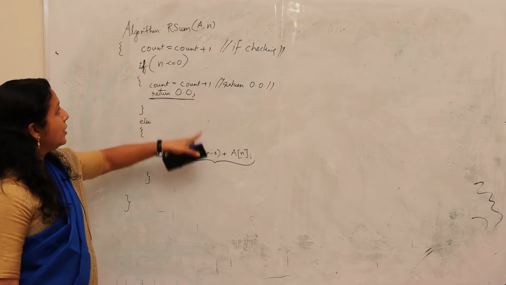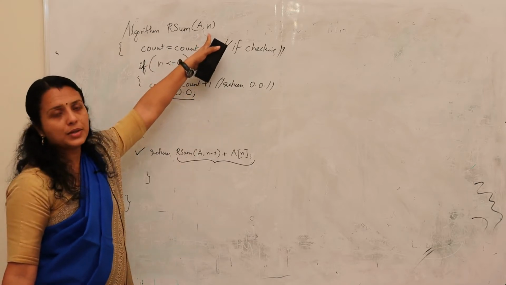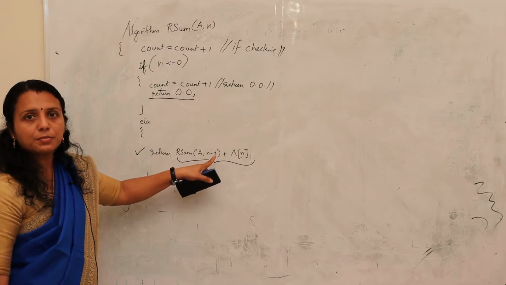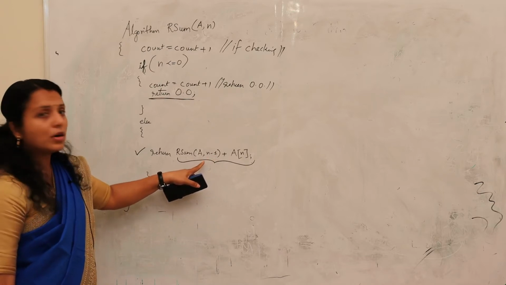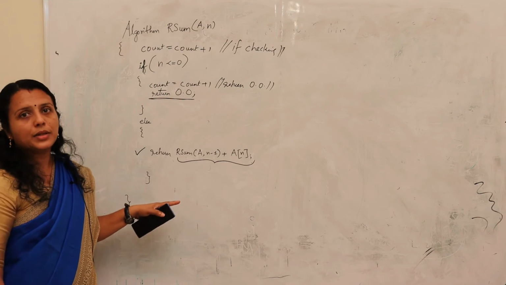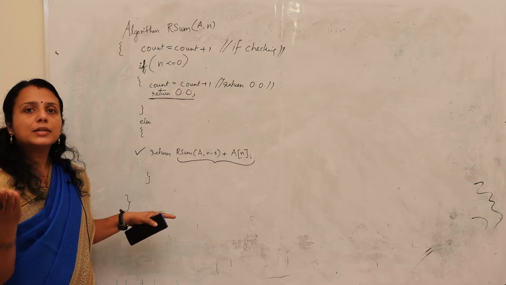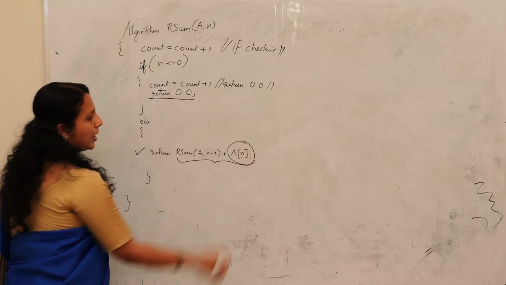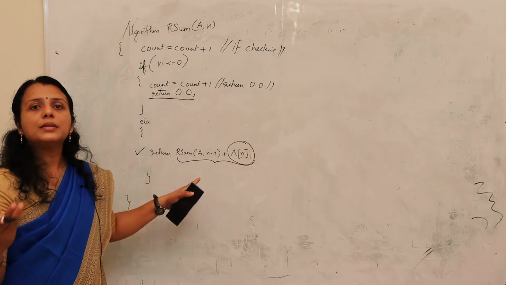This program is invoked for n number of elements, and this function r sum a comma n minus 1 means what? It is invoked for n minus 1 elements. Why n minus 1? That nth element is already included here. Okay. So the rest, how many elements are there?